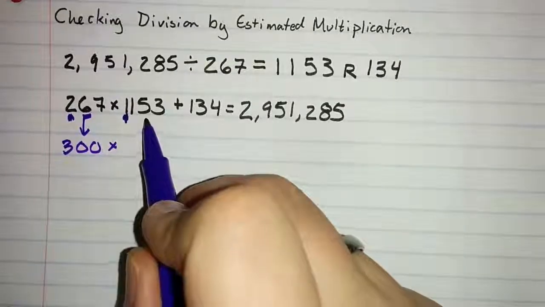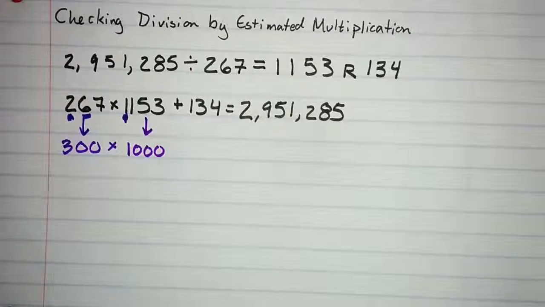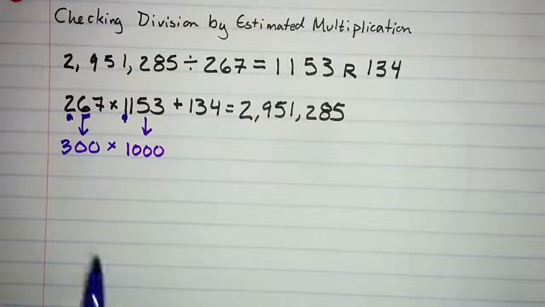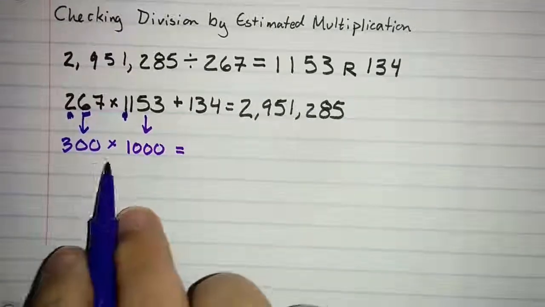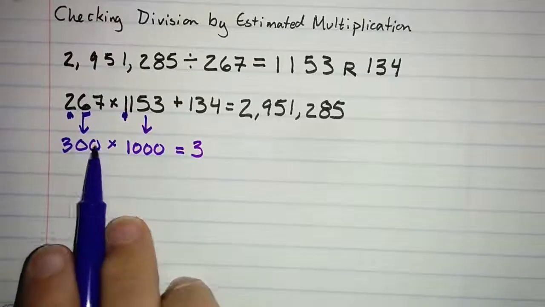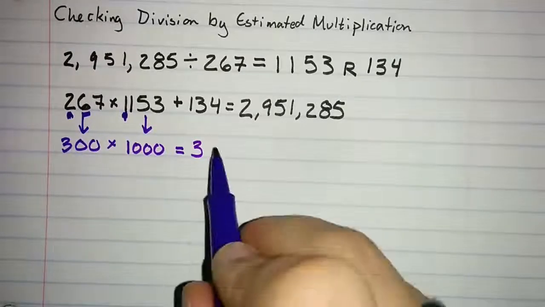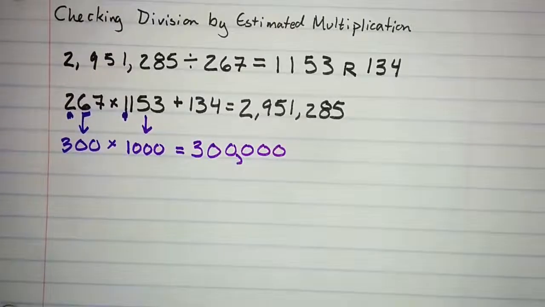This 1 tells us that it's closer to 1,000. So if I multiply 300 times 1,000, what do I get? Well, 3 times 1 is 3, and then I need 1, 2, 3, 4, 5 zeros. 300,000.